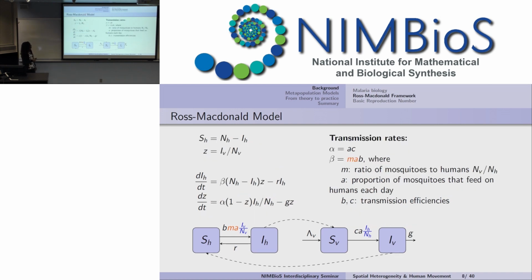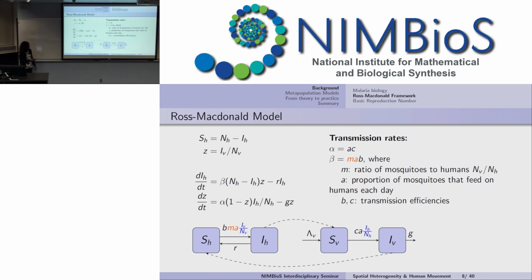And so we can omit the susceptible equation and rewrite the susceptibles in terms of the total human population minus the infected. We can also express the mosquito population as a proportion. So Z now represents the proportion of mosquitoes that are infected. So now we have this system of 2 equations that represent the dynamics of this system.